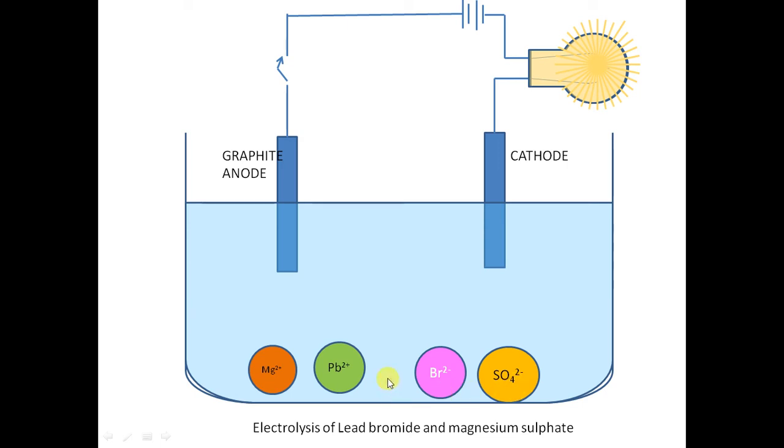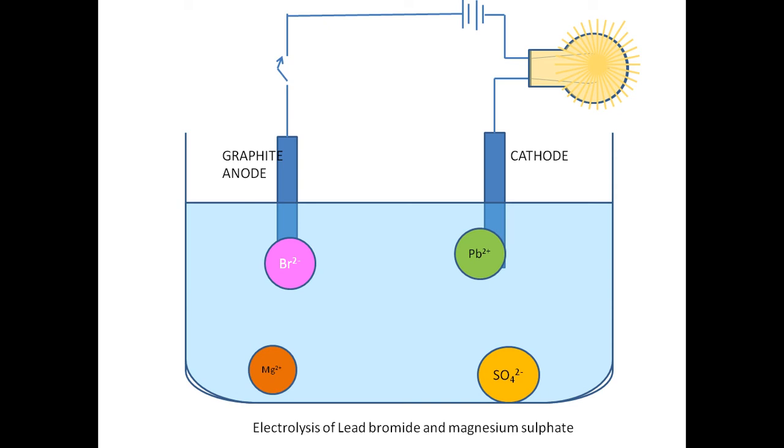We have already discussed that the ions or elements which are at the lower position will migrate towards the cathode and anode. Therefore, from magnesium and lead, lead will migrate towards the cathode because it is at the lower position. From bromide and sulfate, bromide will migrate towards the anode because it is at the lower position than sulfate.